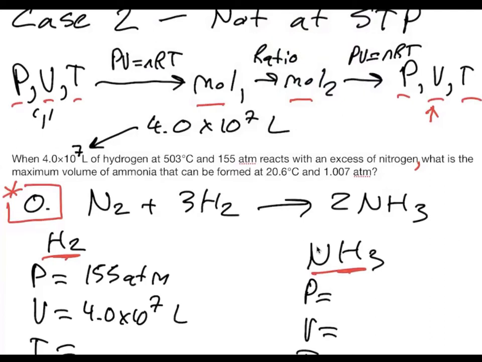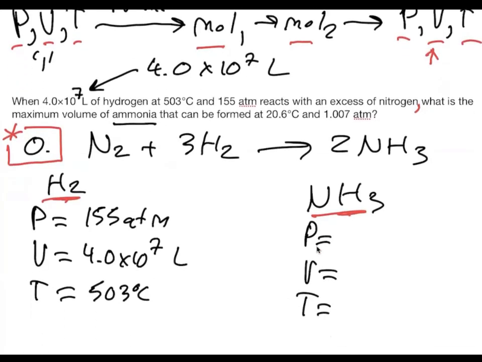So this is an industrial process. That's, what is that, 40 million liters of gas. So that's like a giant tank, right? And the temperature of the gas was 503 degrees Celsius, right? While we're at it, since we're trying to find the ammonia, which is the NH3, the information about that is different. The pressure is 1.007 atmospheres.